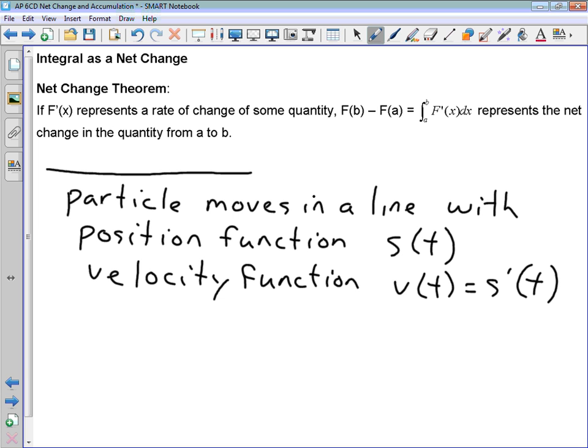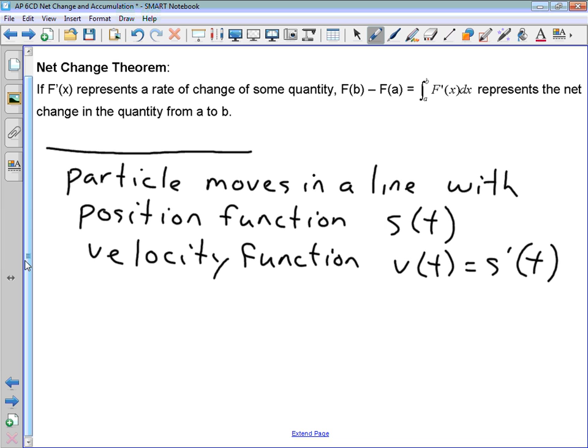So what does our net change theorem tell us about our position function and our velocity function? Well, if we take our velocity function, this thing that represents our rate of change, and we do the integral of the velocity function between two times, t1 and t2, and of course we're integrating over t here, what does this represent?